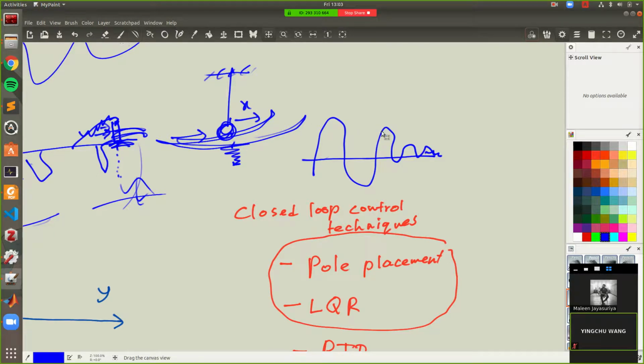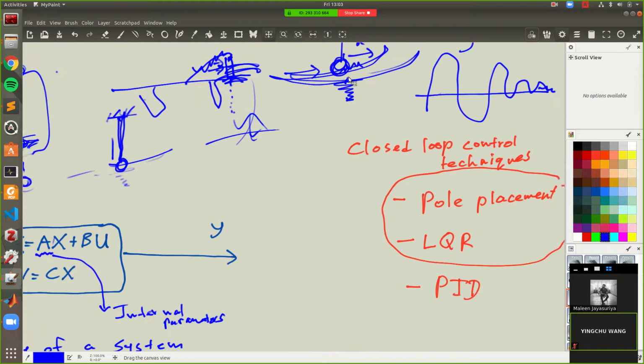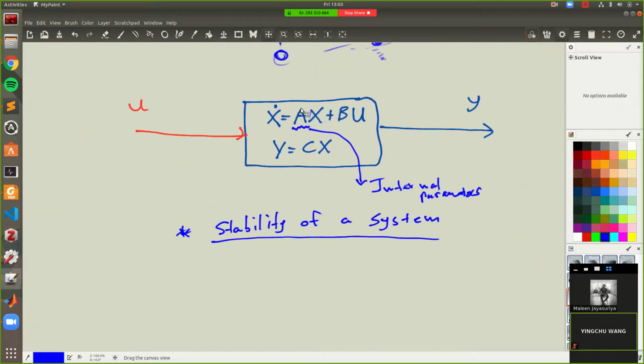So what determines this behavior of the output? It will be the internal parameters of the system, right? How long this length is, what is the mass of this system, and all that stuff, right? That will really determine its response to an input, right? Like basically how its output will behave really depends on what the system looks like. So all that information is typically contained in this A matrix, right?